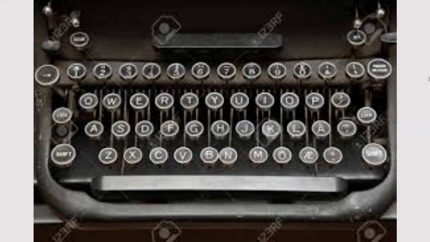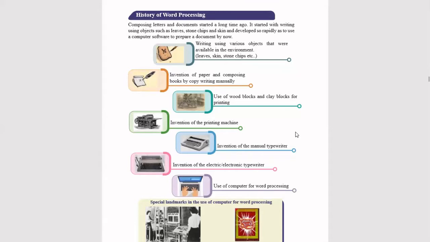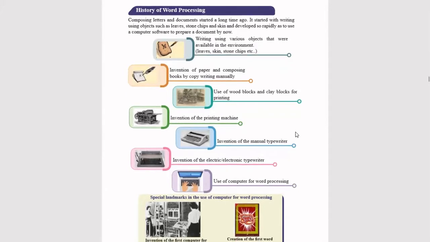Then we got electric or electronic typewriters, and finally we have computer software. That's how word processing evolved from using stones to using the computer.